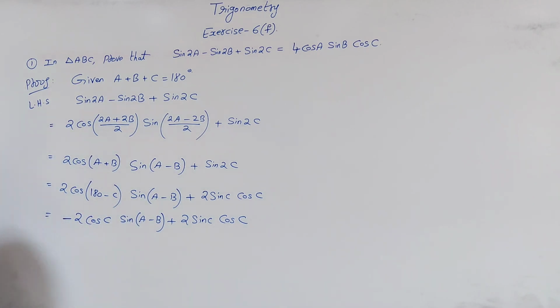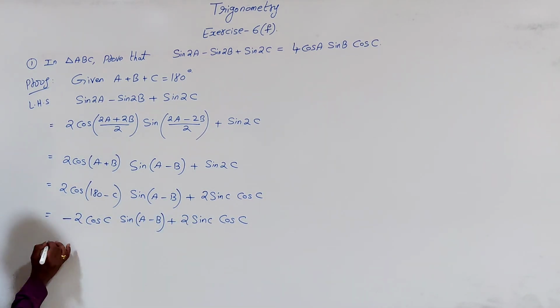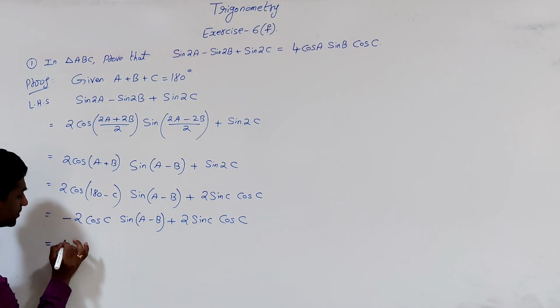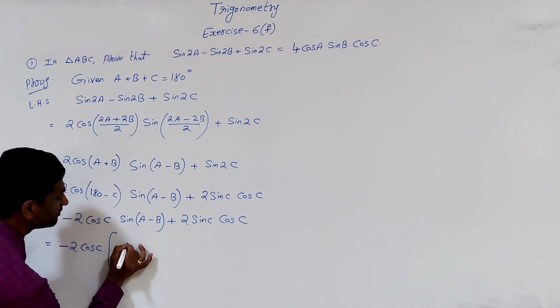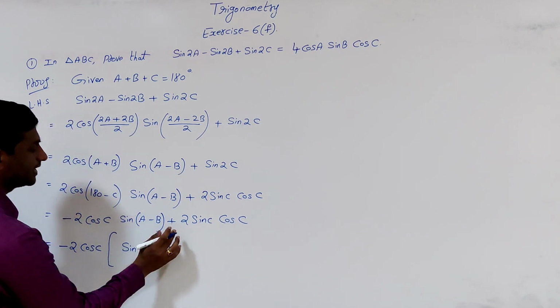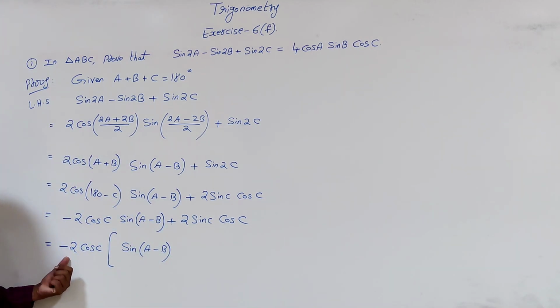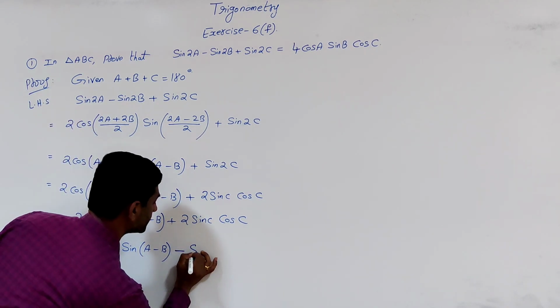So minus 2 cos C sin(A minus B) plus 2 sin C cos C. What is common? 2 is common and cos C is also common. So we take minus 2 cos C out as common. Then it will be sin(A minus B), plus, since we have taken a minus out, a minus will be left, and sin C will be left out.